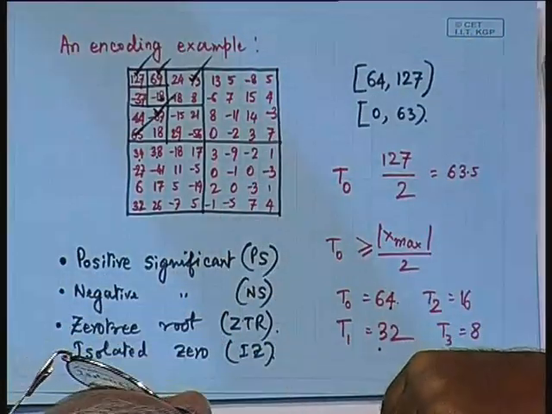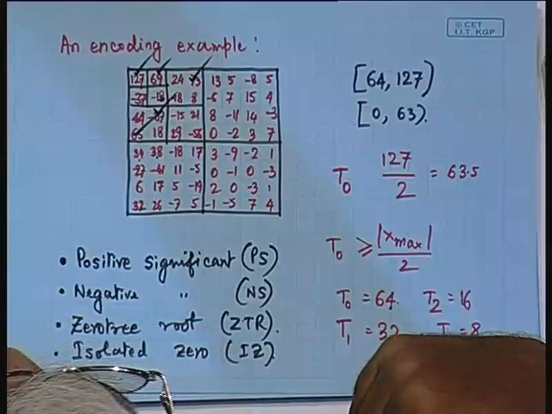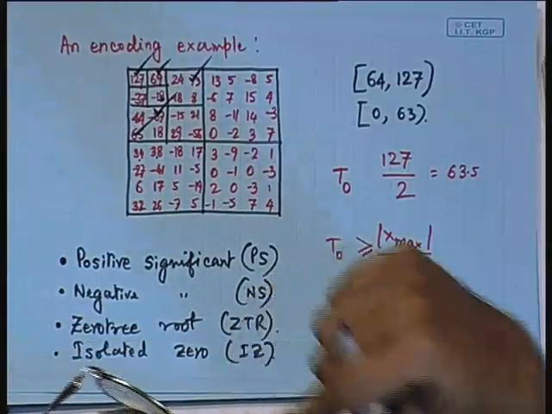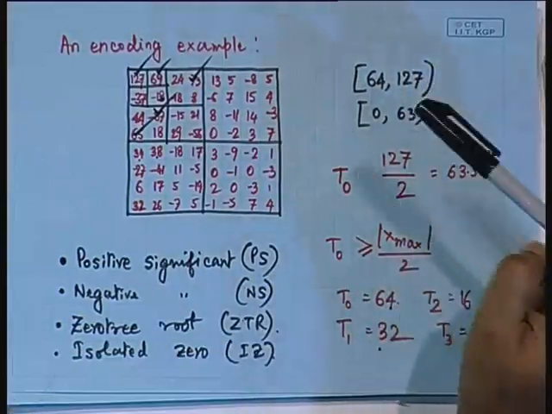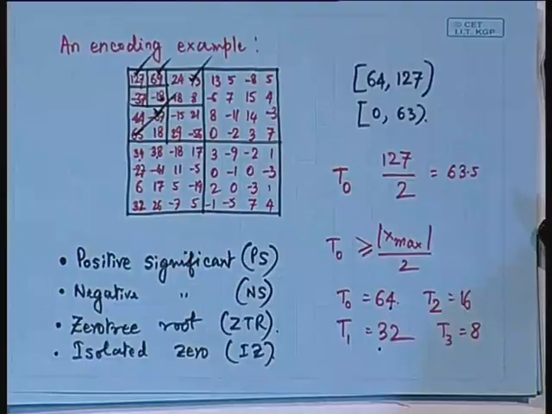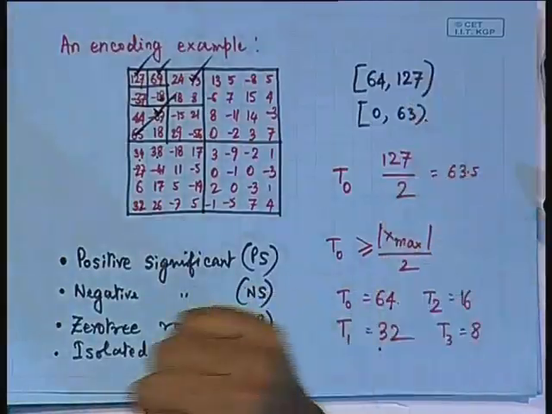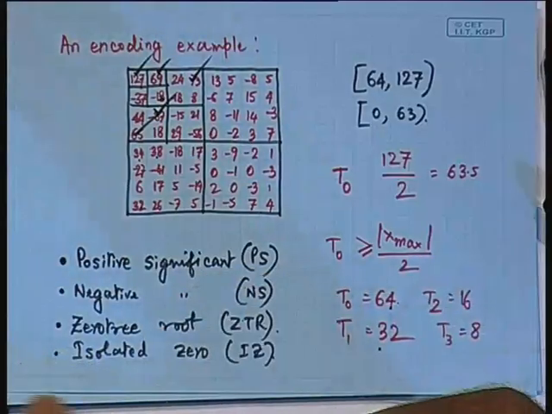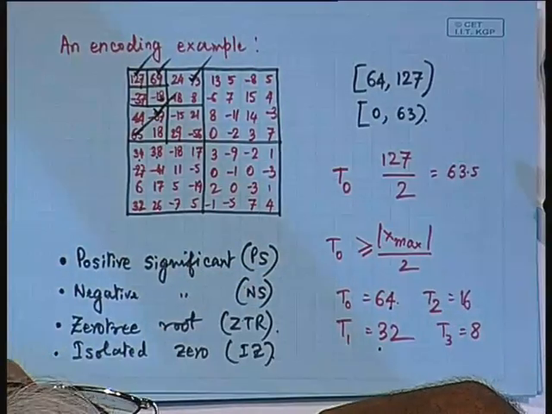Now, whichever is within 64 to 127, we can encode them as some value in the middle of the range. Let us say we can encode it as 96, and 0 to 63 we can encode it as 32.